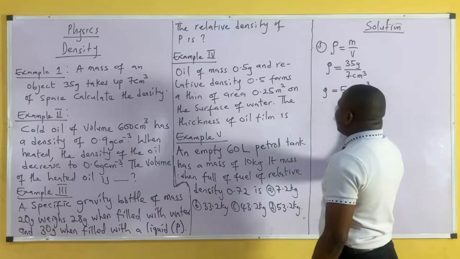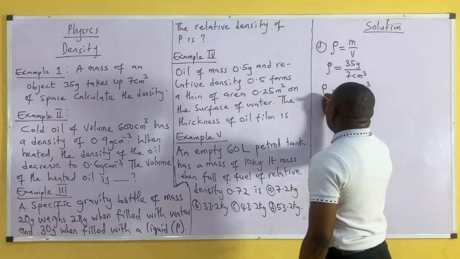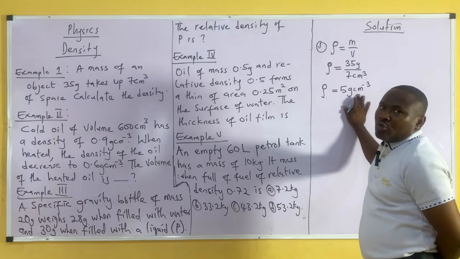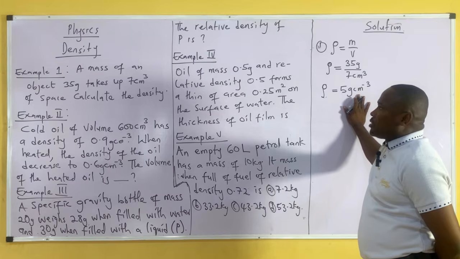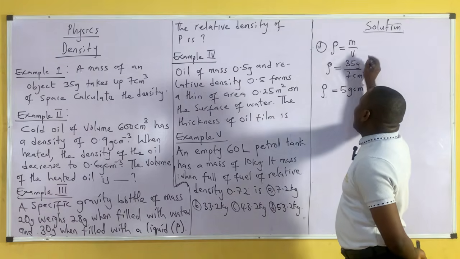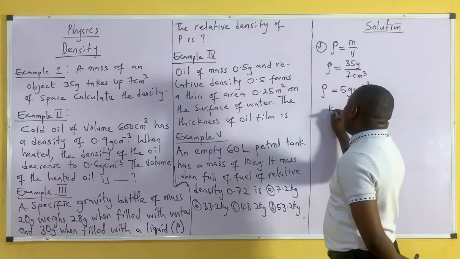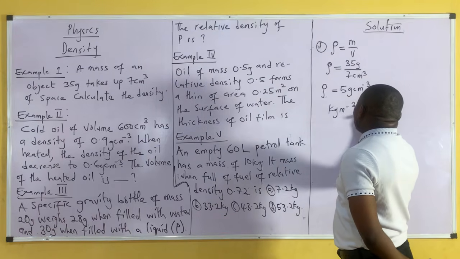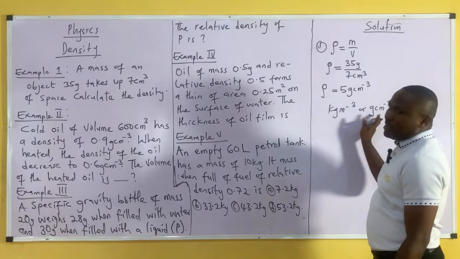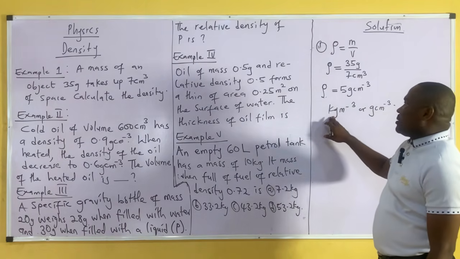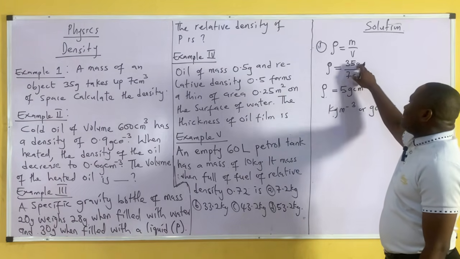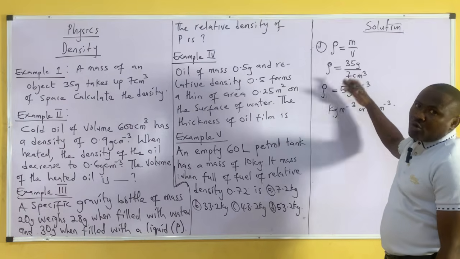Now, I could maintain my unit, not converting to kilogram and meters cube. Why? Because density can either be in kilogram per meter cube or in gram per cm cube. So there is no need to convert in this case, because the cm cube and the grams work together.